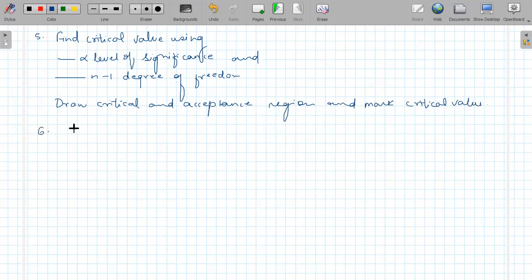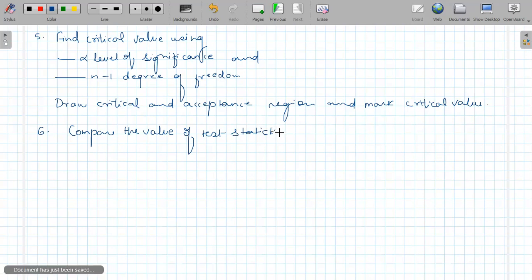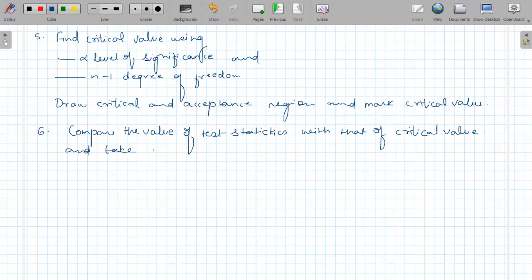Sixth step is compare the value of test statistics with that of critical value, and take appropriate decision.